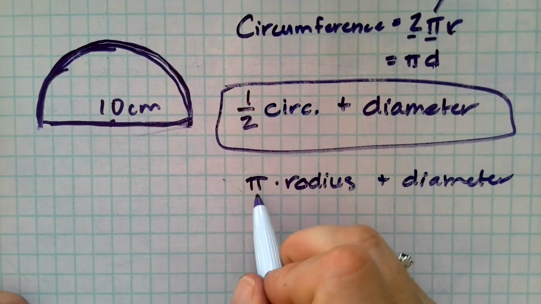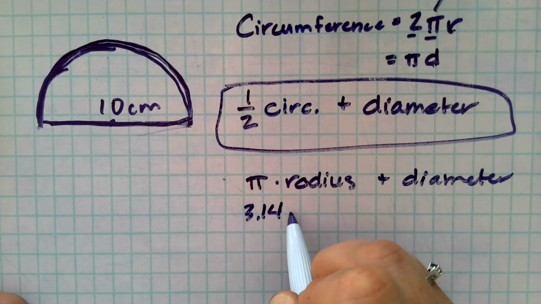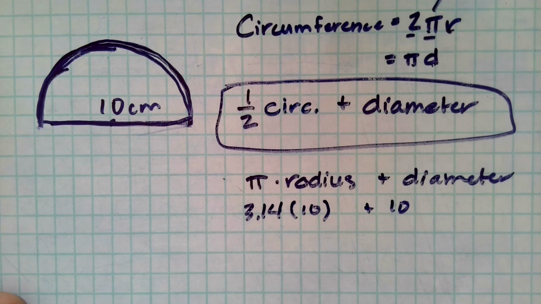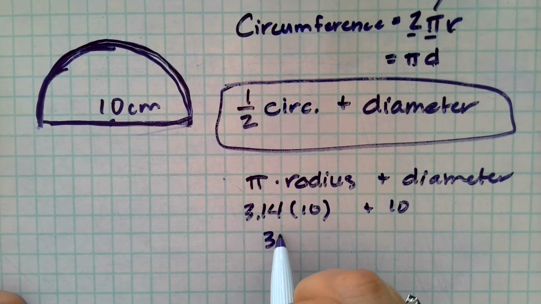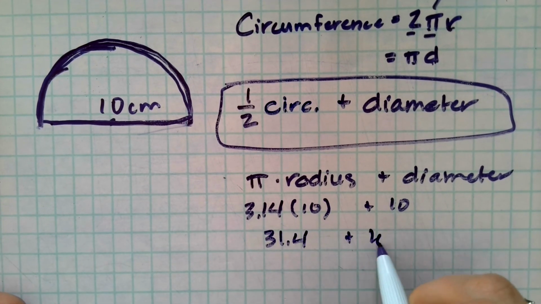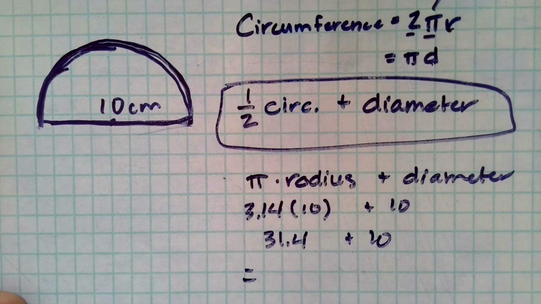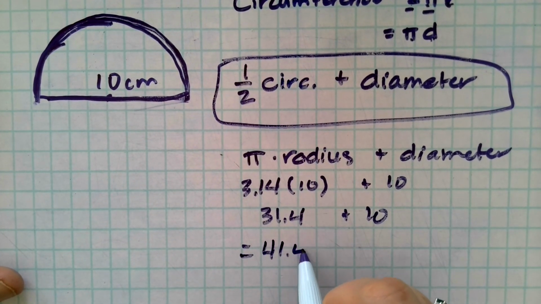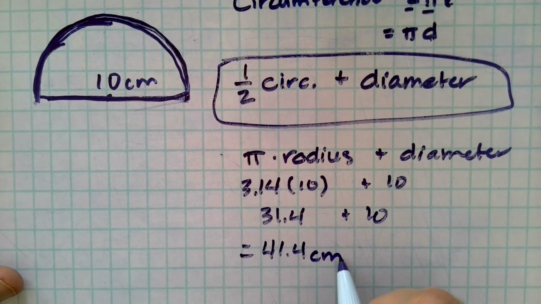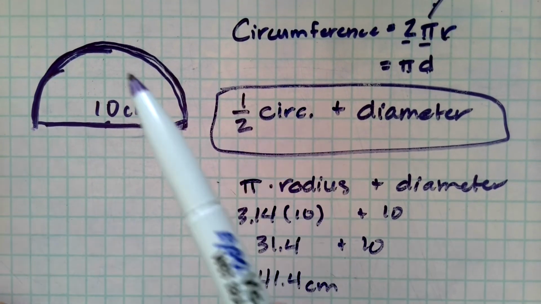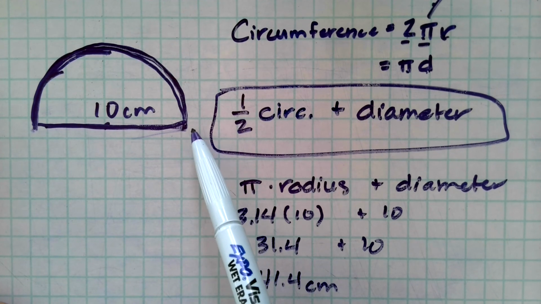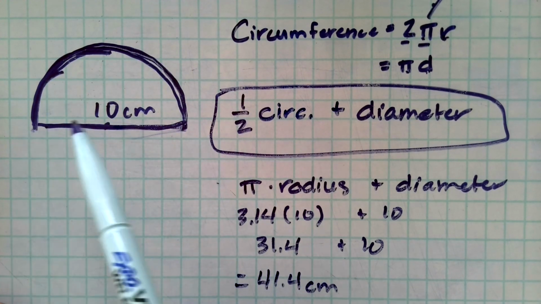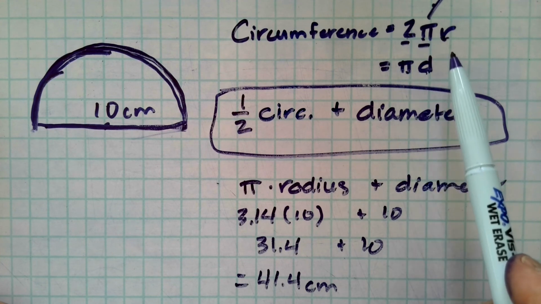So we have 3.14 times our radius, which here is 10, plus the diameter of our circle. So this would be 31.4 plus 10. So our entire perimeter of this semicircle is just going to be 41.4 centimeters, right? So you just have to think, "Oh, I know how to find the entire circumference of a circle. Here, I only have to find half of that, which is great. It's just pi times the radius."